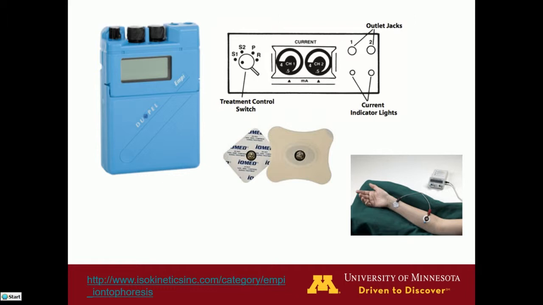And the R is for you flip it to run, and then it'll just run for whatever duration it's set for. Below that, you can see a sample of the electrodes. The one on the left is the dispersive, and the one on the right is the active electrode.